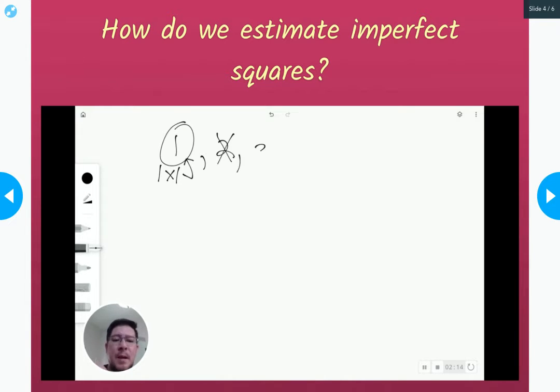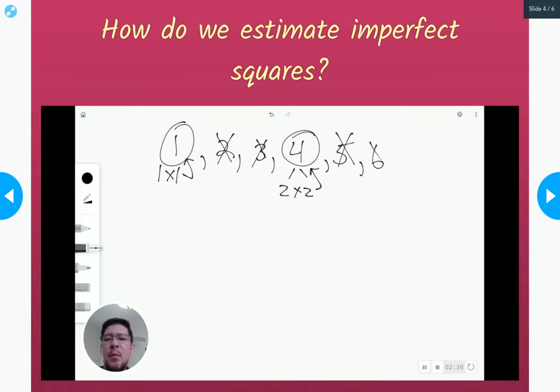The same thing with 3. What about 4? Yeah, 4 is a perfect square because 2 times 2 gives me 4. What about 5? Not 5. Same thing with 6, same thing with 7, same thing with 8. What about 9? Yeah, we just talked about this. 3 times 3 gives me 9.